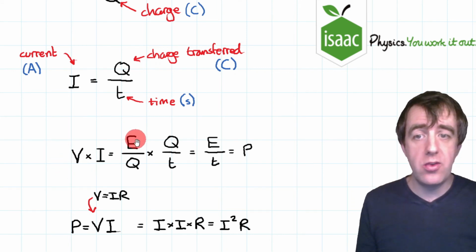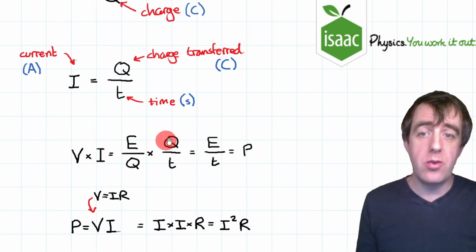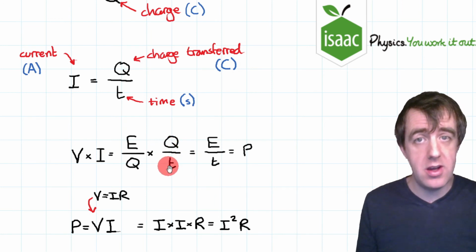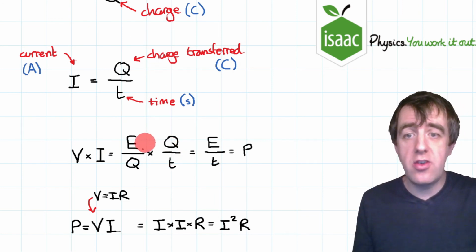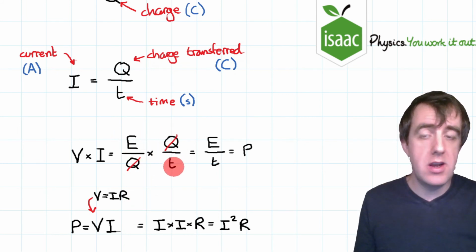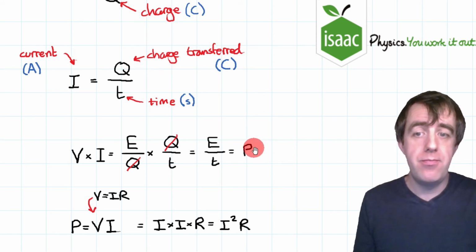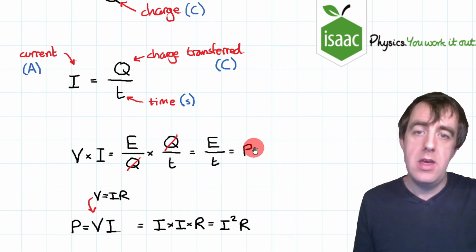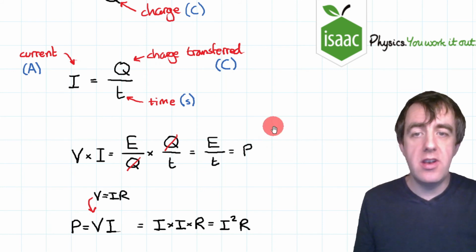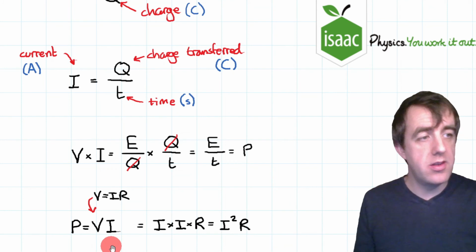Potential difference was equal to energy transferred divided by charge, and current was equal to charge transferred divided by time. And you can see that the charge will cancel, leaving energy divided by time, which was our definition of electrical power.